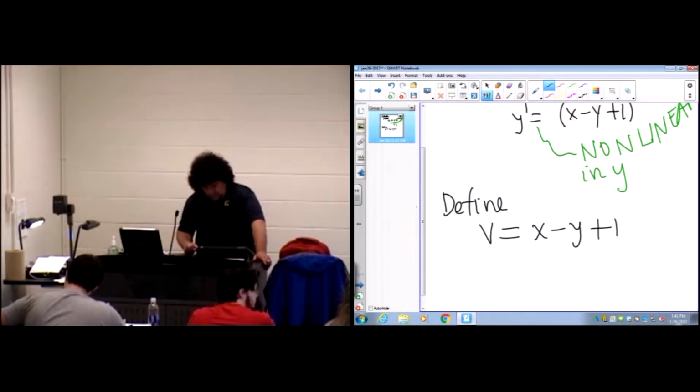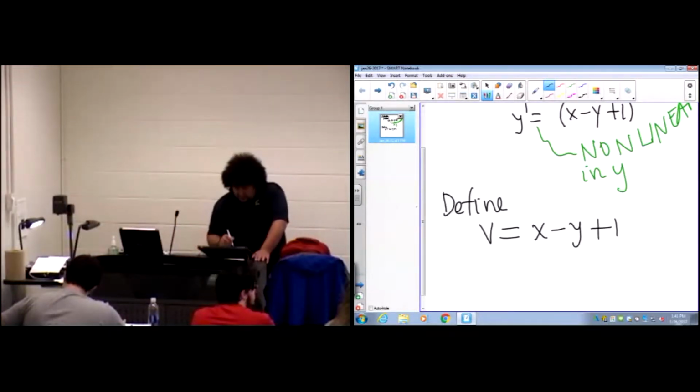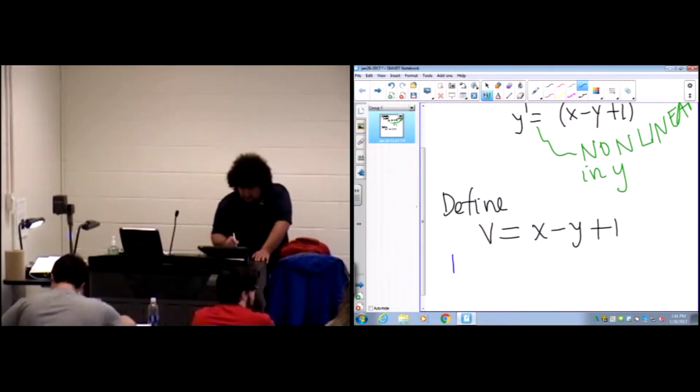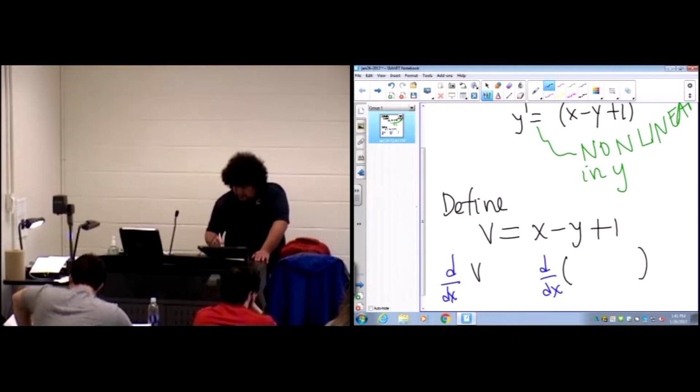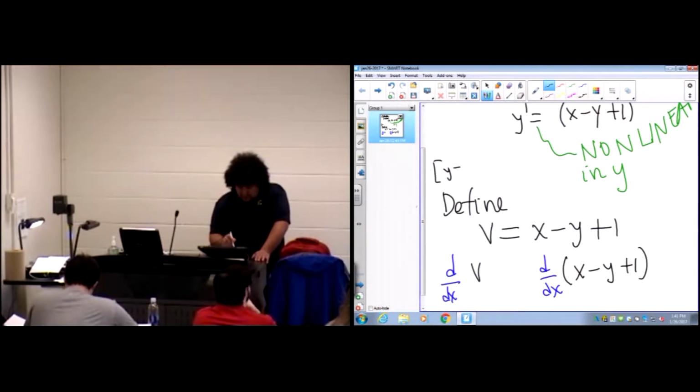Okay, and if we do this, then let's consider computing the derivative with respect to x on both sides. So we're differentiating v and we're differentiating x minus y plus 1. But remember that in all this, we're assuming that y is a function of x.